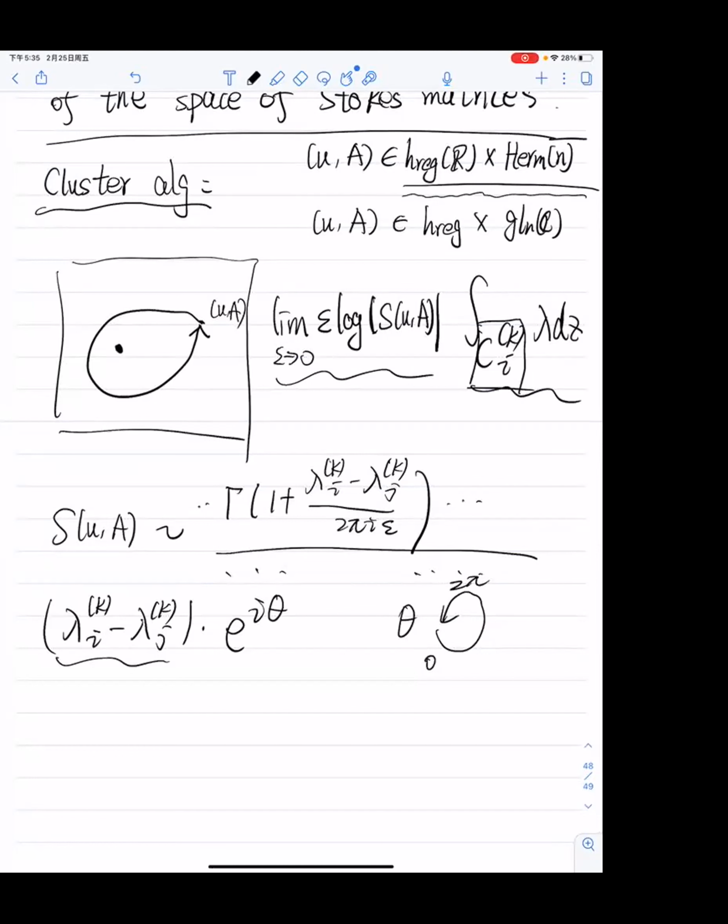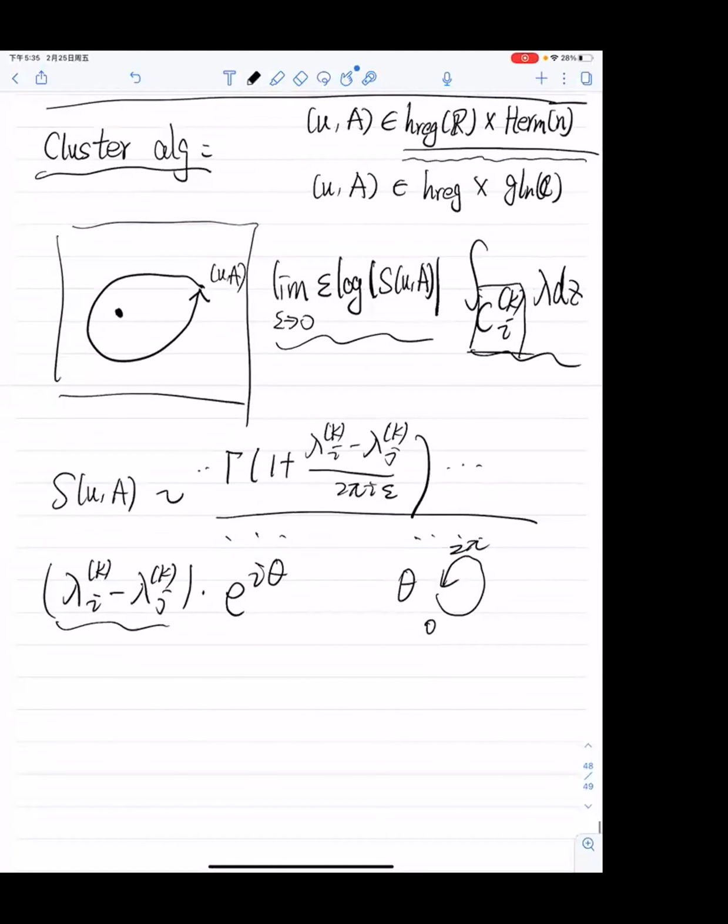Now, simply from the asymptotics of the gamma function, we know that the asymptotics of the gamma function is not uniform. It has no well-behaved asymptotics along the negative real axis. Therefore, in the complex setting, the leading asymptotics of the Stokes matrix will have some jump.